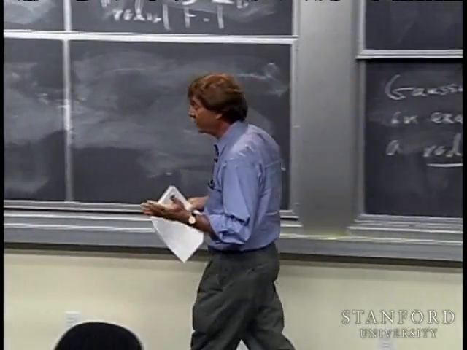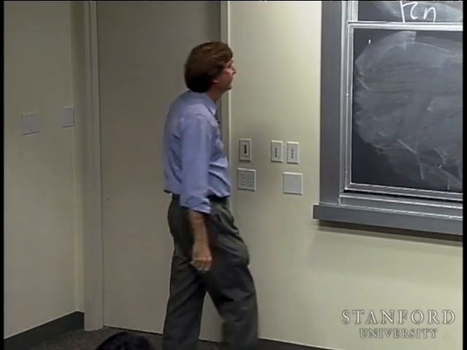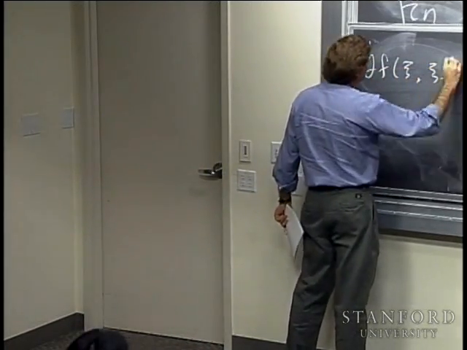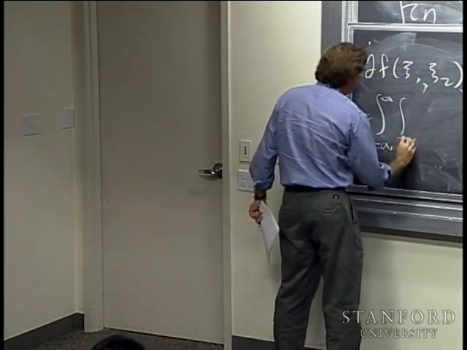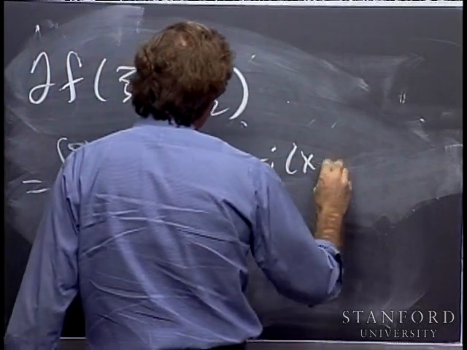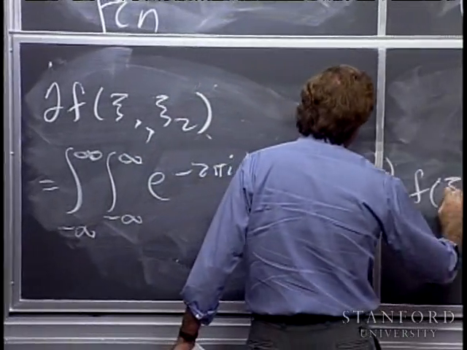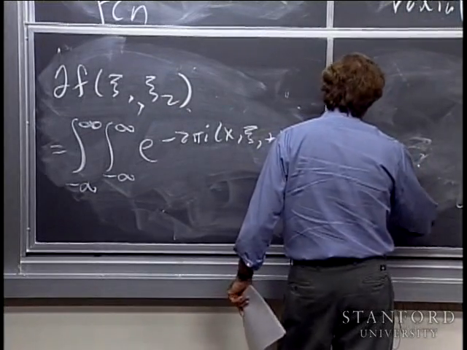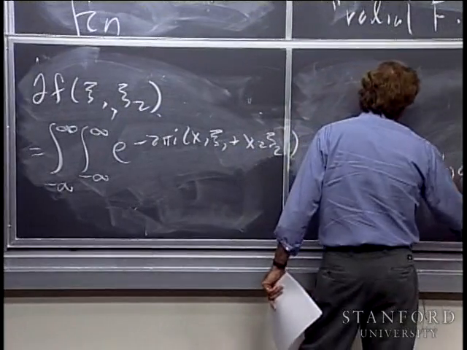What I want to do is convert the formula for the Fourier transform into polar coordinates. I'm just going to do this in 2 dimensions. The formula for the Fourier transform is the integral from minus infinity to infinity, integral from minus infinity to infinity of e to the minus 2 pi i times x1 c1 plus x2 c2, f of x1, x2, dx1 dx2.